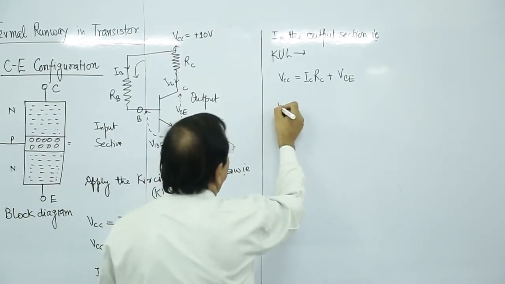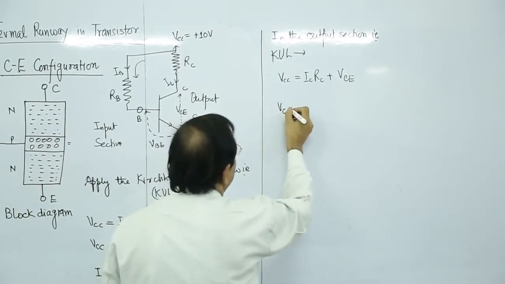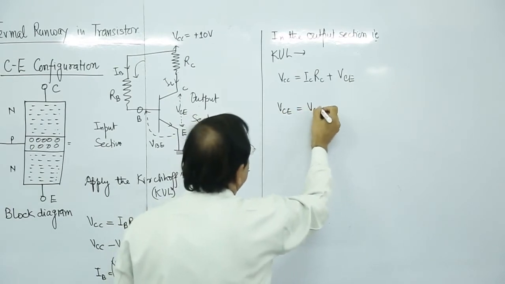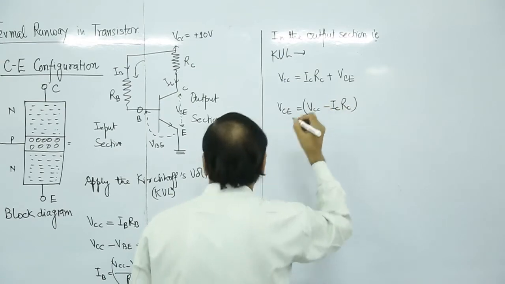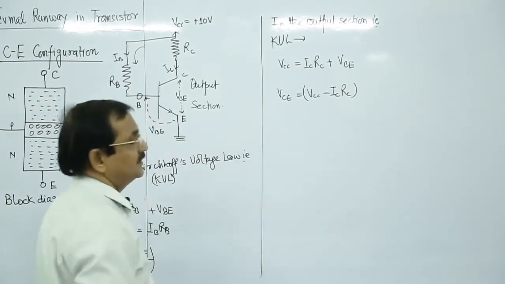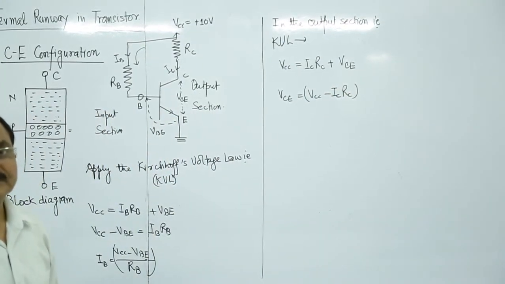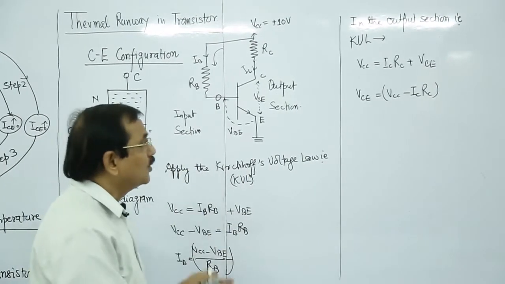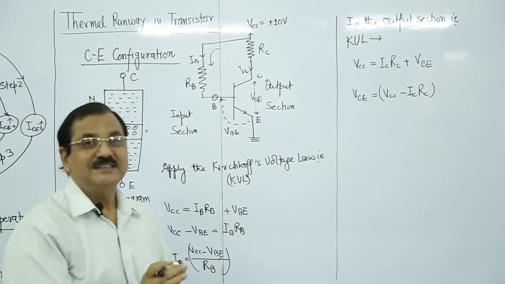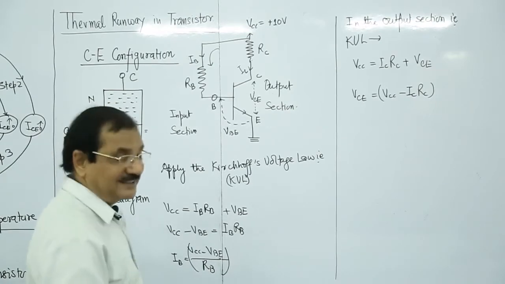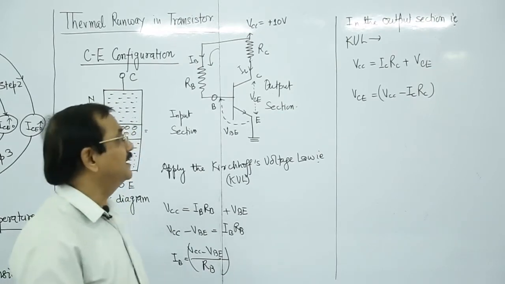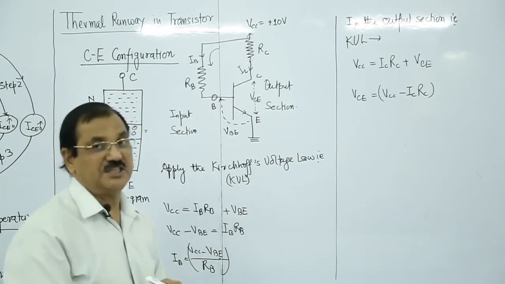So VCE is equal to VCC minus IC RC. This is the value. Now during this course, if there is change in the temperature, then how will this value change?